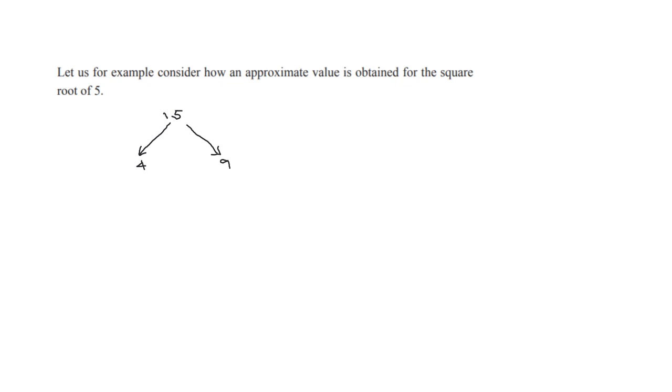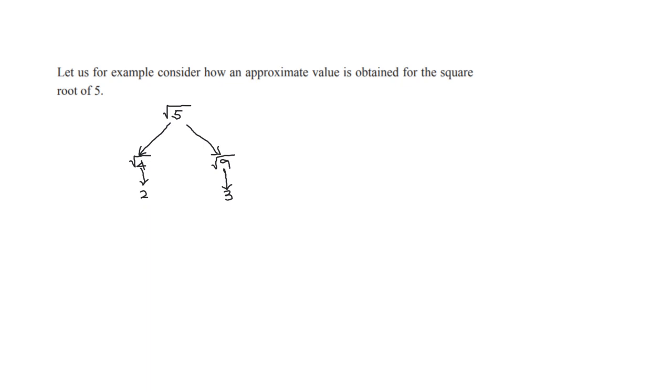I put the square root sign here. Square root of 5. Then square root of 4, which is 2. Sorry, square root of 9, which is 3. Now, square root of 5 lies between 2 and 3.